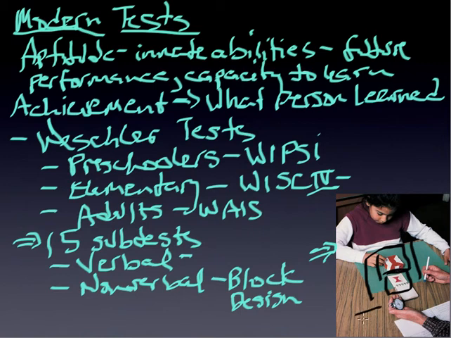The other component part here is that it's timed. By creating a timed situation, we can see a number of different things that are important to understand about intelligence. The other part of that is processing speed. If you recall, when we were talking about intelligence itself, how quickly somebody can process a situation and produce a response is quite key in understanding intelligence.